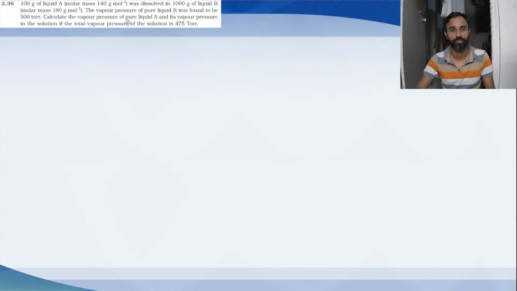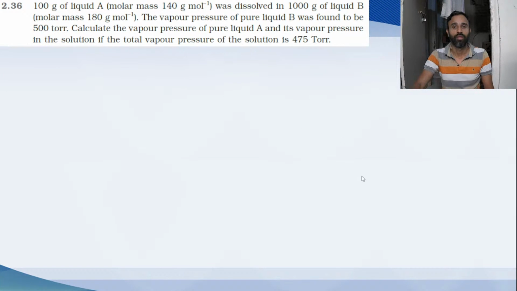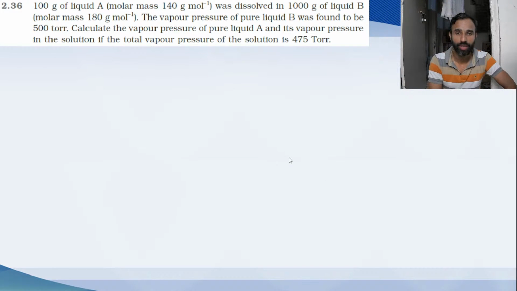Now, next question. Let's do question number 36. Same type of question. 100 gram of liquid A having molar mass 140 gram per mole was dissolved in 1000 gram of liquid B having molar mass 180 gram per mole.